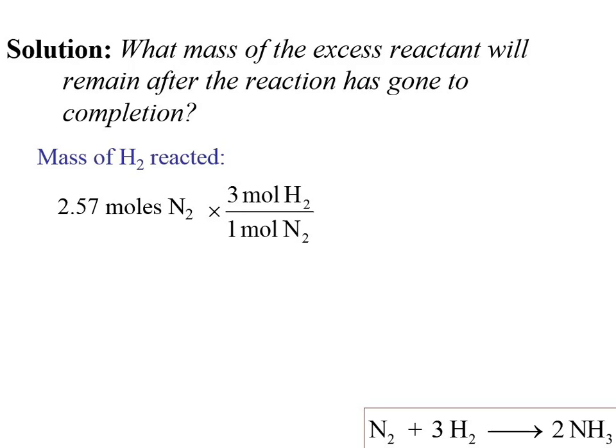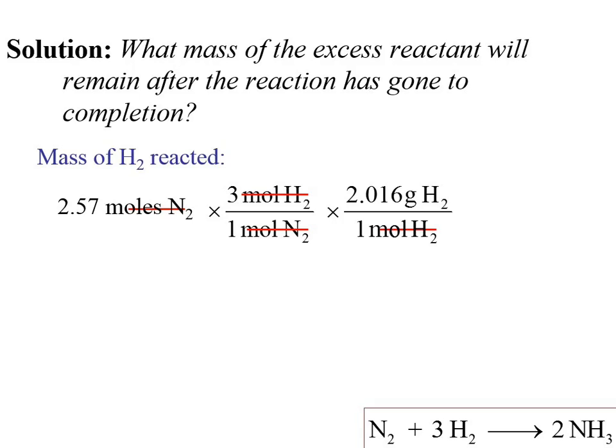I think I'd go ahead and take this to grams. So we can use the molar mass of H2, which is 2.016 grams of H2 per 1 mole of H2, to get from moles of H2 to grams of H2, and then that's it.